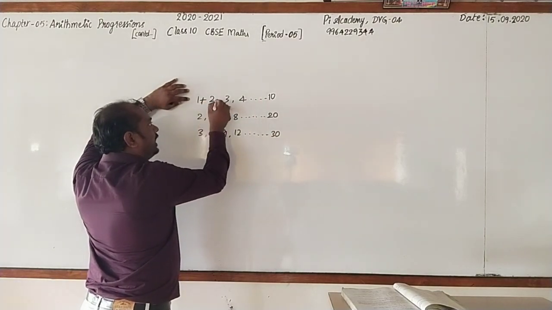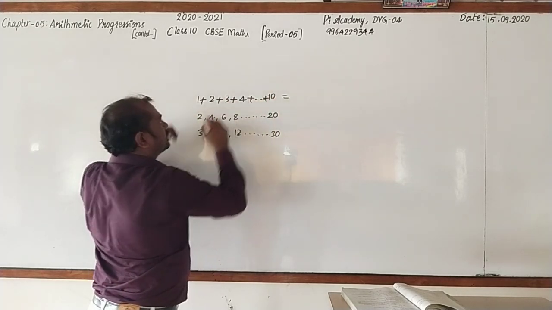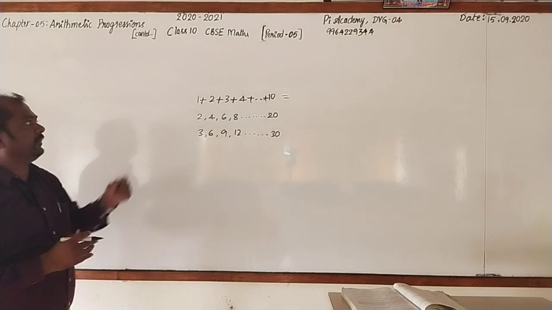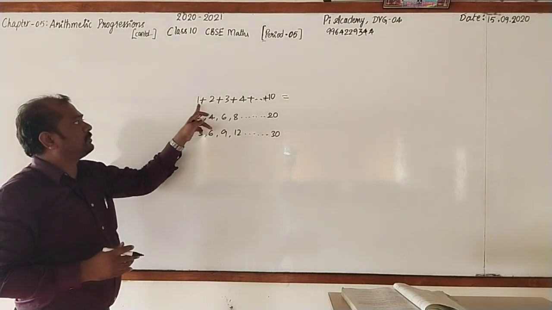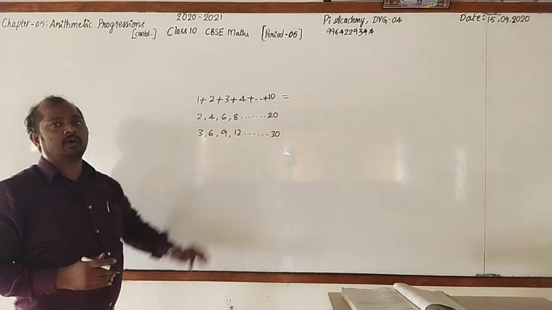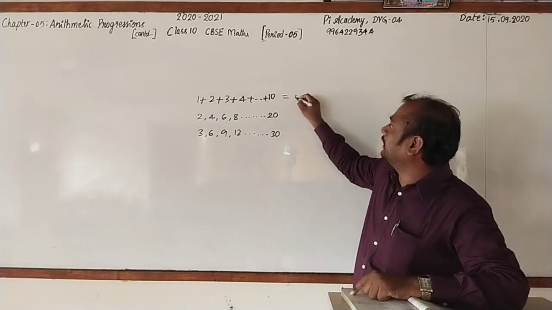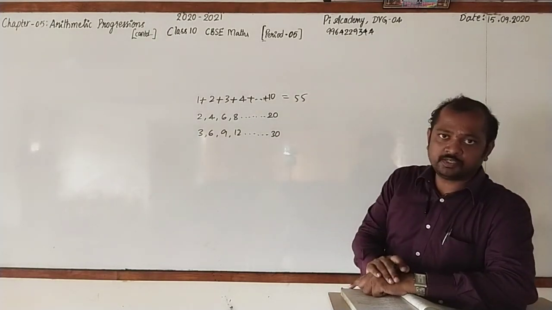Let us go for adding these and tell the sum. If you go for adding all these numbers, 1 plus 2 plus 3 plus 4 plus 5 plus and so on, up to 10, how much will you get? The sum will be 55, right?